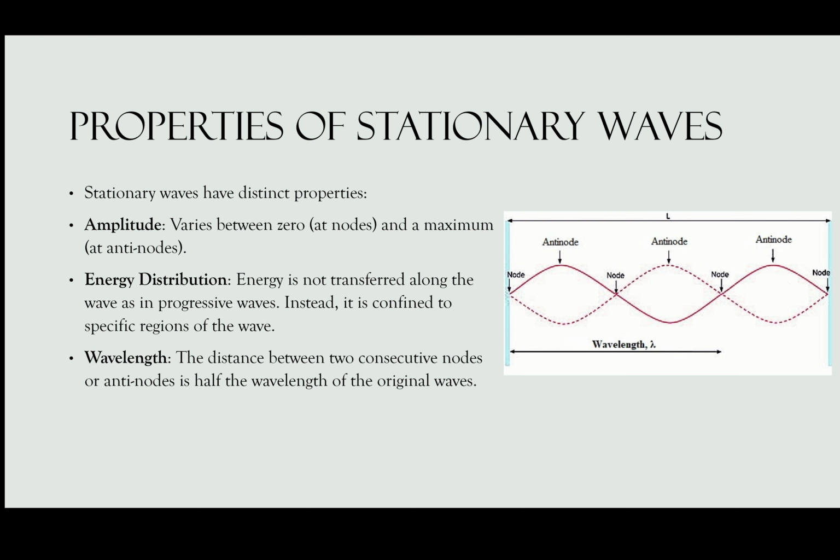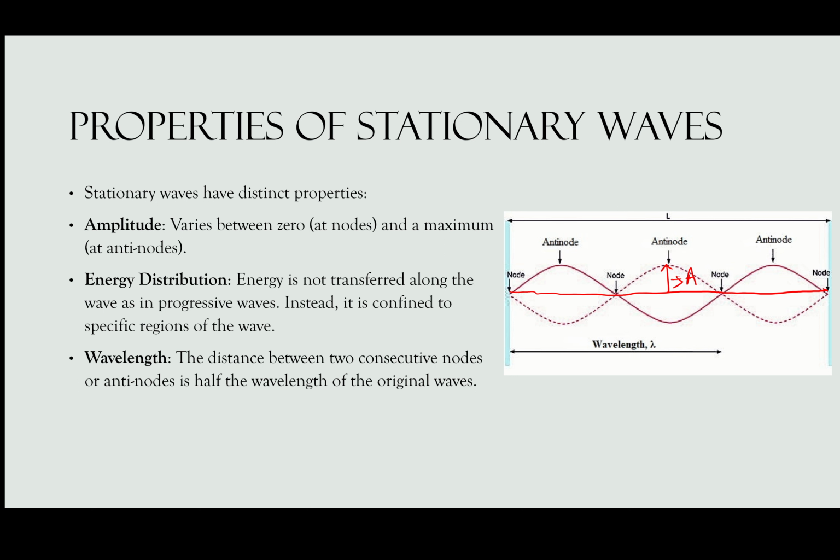I want you to piece together these things and have them when you're studying. For example, in this diagram, the node is at 0. The antinode occurs where the displacement is maximum, or at its amplitude. All right, those are the differences now.